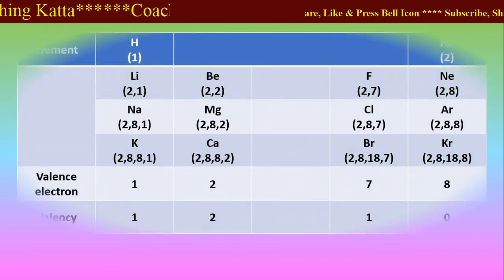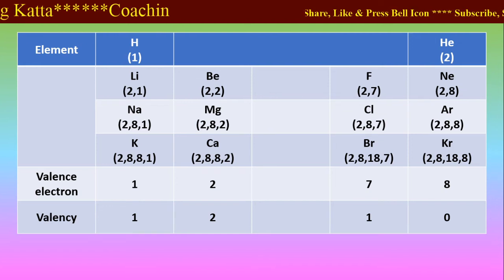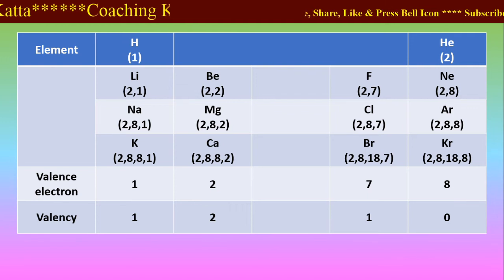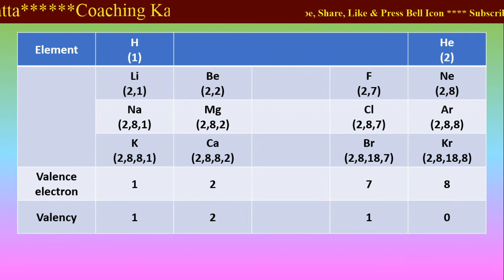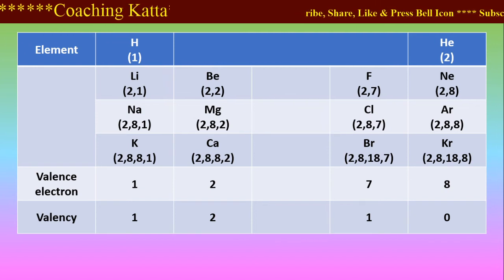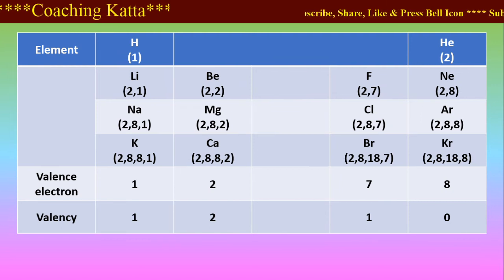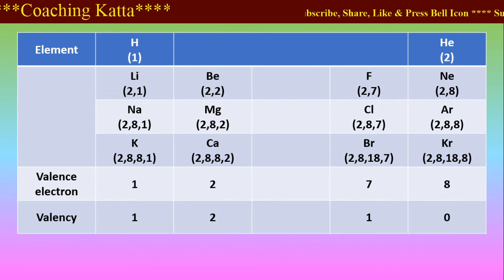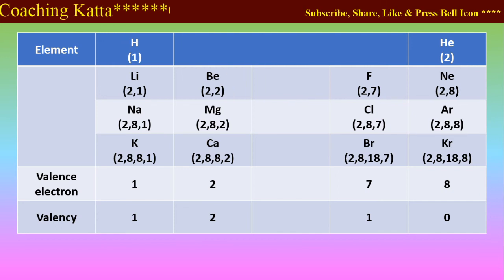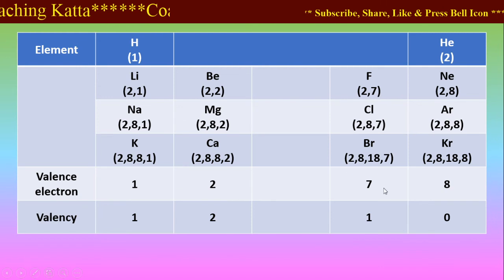Some other groups are shown here. Observe their electronic configuration and valence electrons and corresponding valency. For group number 1, the valency is equal to 1. For group number 2, valency is equal to 2. Group number 17 is shown here: fluorine, chlorine, bromine. Their valence electrons are 7, therefore valency is equal to 1 because they accept 1 electron to complete their octet.